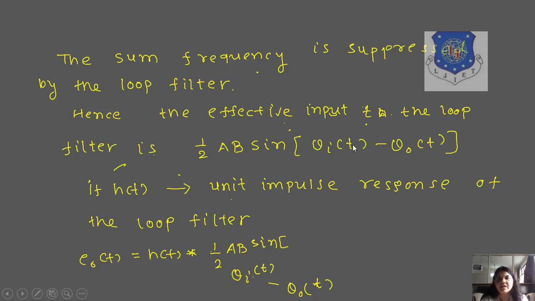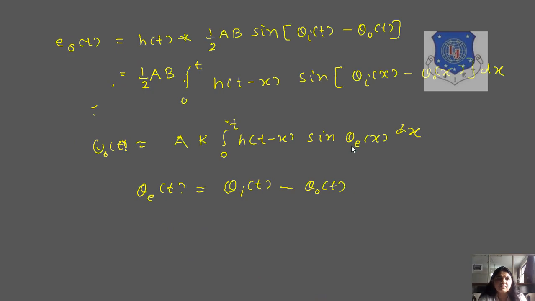We are putting this component over here. So E0(t) is equal to h(t) convolved with 1/2 AB sin(theta i(t) minus theta 0(t)). That is equal to 1/2 AB integral from 0 to t of h(t minus x) sin(theta i(x) minus theta 0(x)) dx.